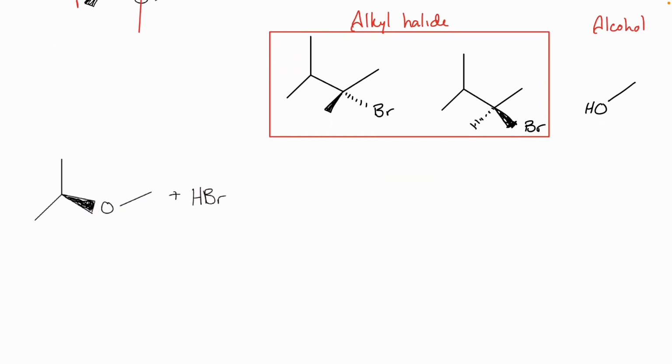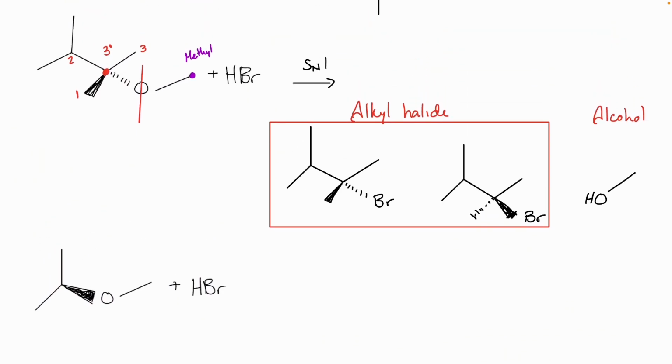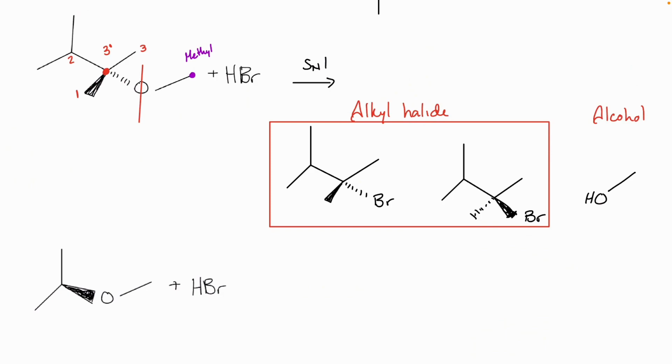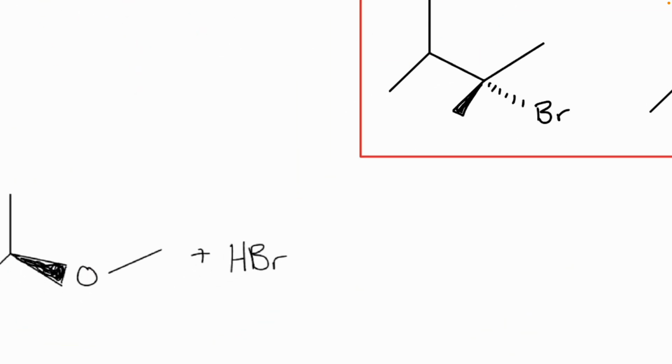This is going to be a pretty rare situation up here. Specifically, if you have that tertiary and you have that stereochemistry, you have to worry about it. I think more common is this right here, and so let's do this example.